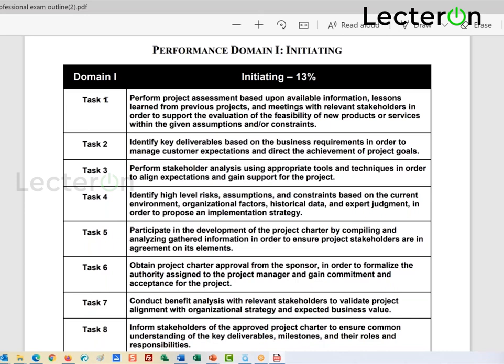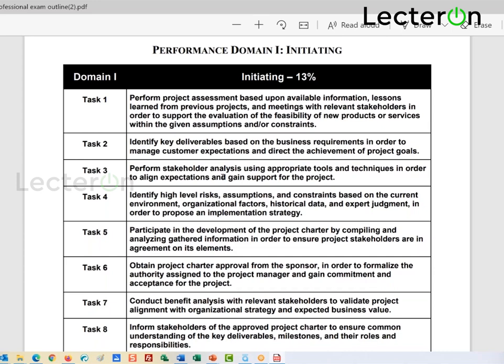So this says perform project assessment based on available information, lessons learned and meetings to support the evaluation of the feasibility within given assumptions and or constraints. So this is really saying way up front, I need to understand the feasibility of this project. What are some of your key deliverables based on business requirements?